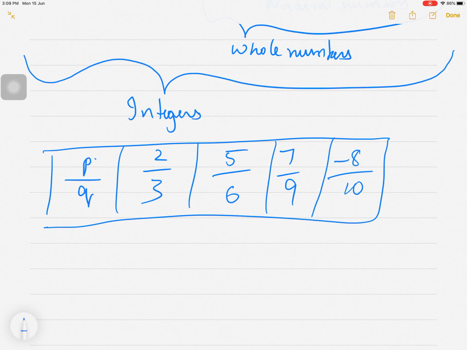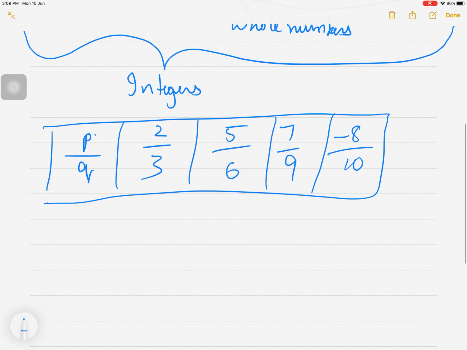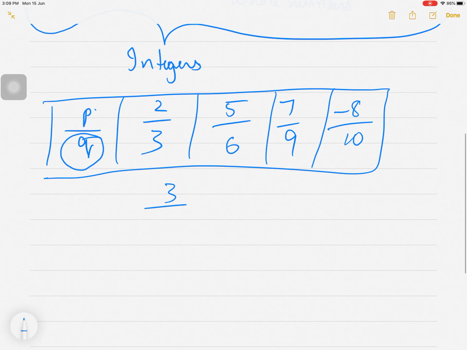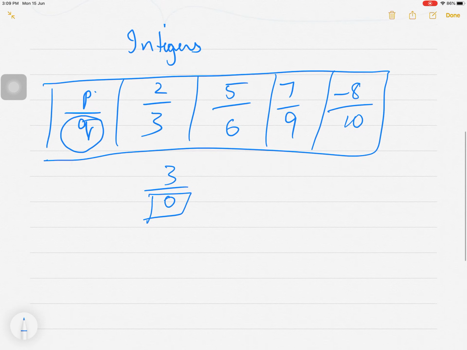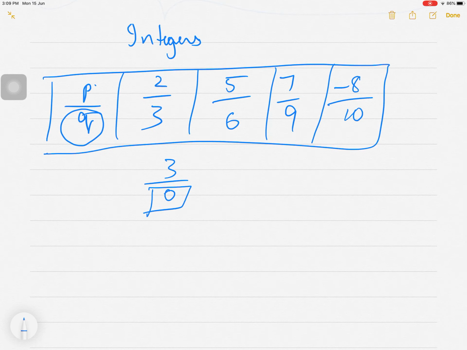It can be negative, it can be positive, provided your denominator is not equal to 0. If I write 3 by 0, it is not defined. So your denominator cannot be 0.